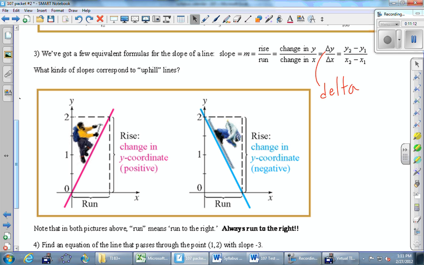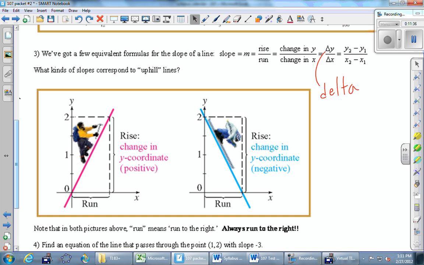But if you take our friend, the downhill skier here, which by the way is a crazy slope, if you were skiing on that, that's really steep, isn't it? I mean, I don't ski, but my God. So in this case, your run is still a positive whatever. But it's not really a rise, right? Your change in y is a negative number.